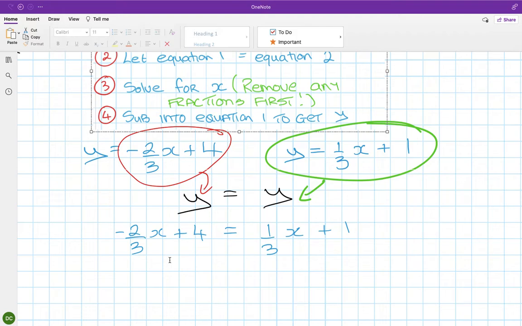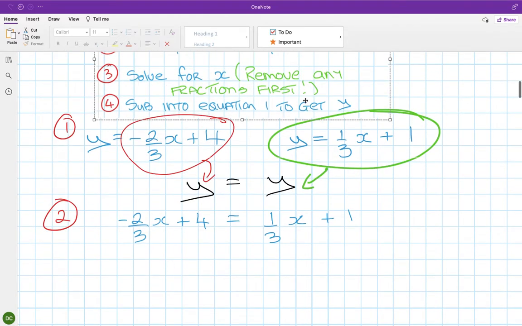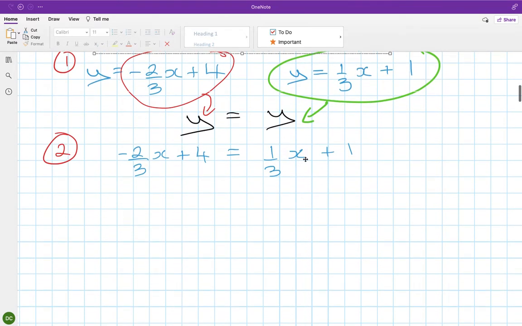Okay? So step 1 is to write them by isolating y, so rearrange them. Step 2 is to let the first equation equal the second equation. Essentially, you're letting y equal y. Now, the third one is to solve. And I have in green up here, remove any fractions first.